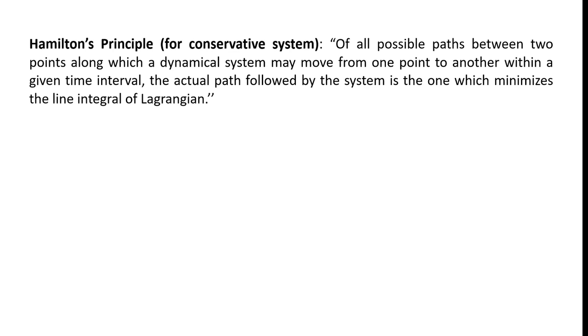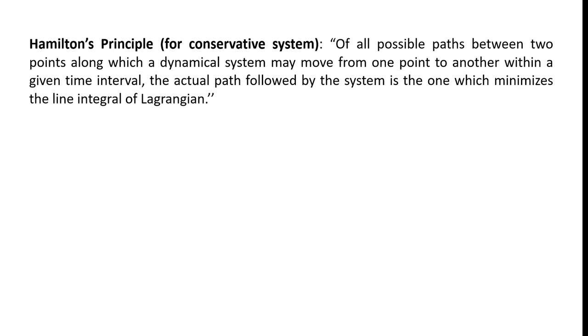out of all possible paths between 2 points along which a dynamical system may move from one point to another point within a given interval of time, the actual path is obtained by the stationary value of the action integral. Now, what is the action integral?